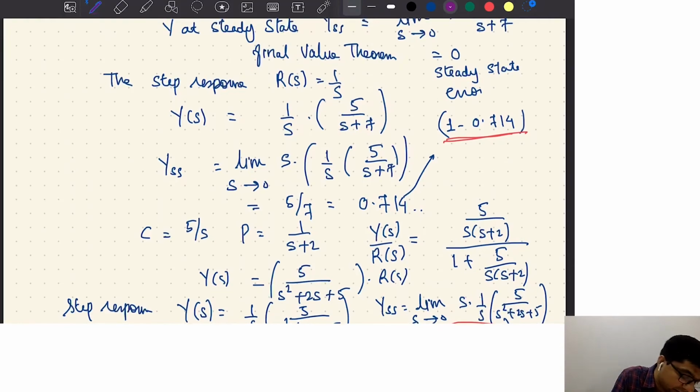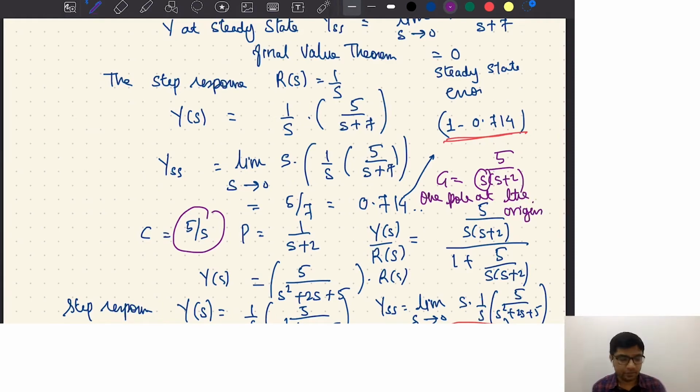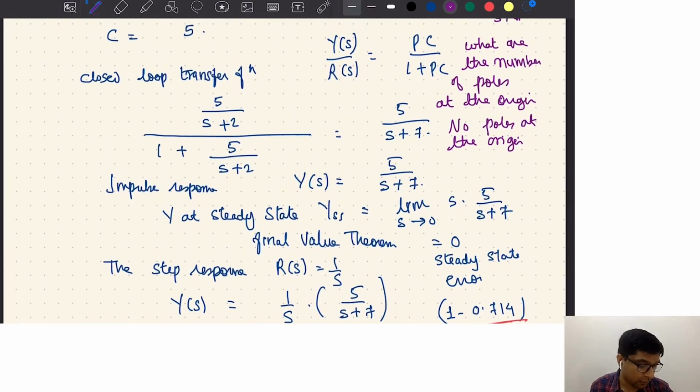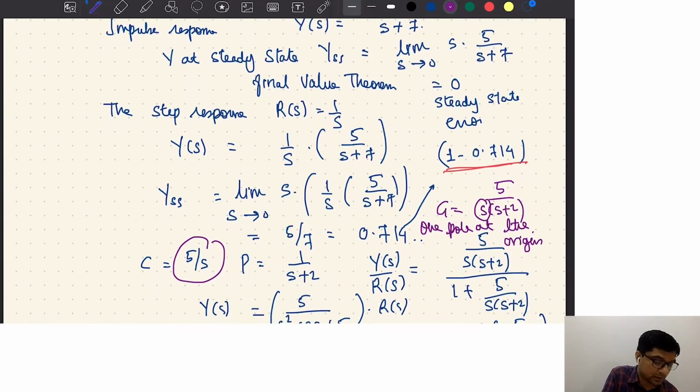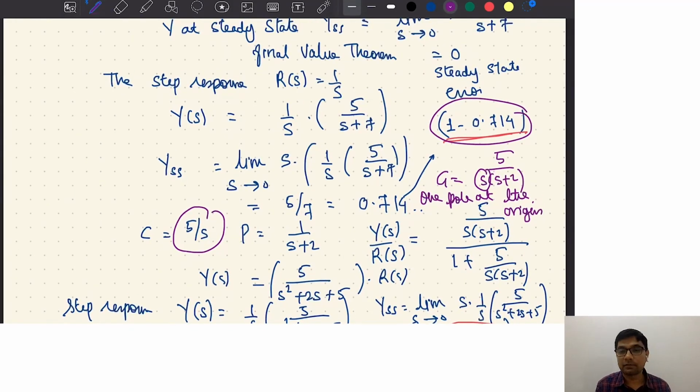The same G, because the C was 5 over S, became 5 over S plus 2, with now one pole, this one, at the origin. And let's say, okay, 0 poles at the origin, step response had some steady state error. One pole at the origin, step response had no steady state error.